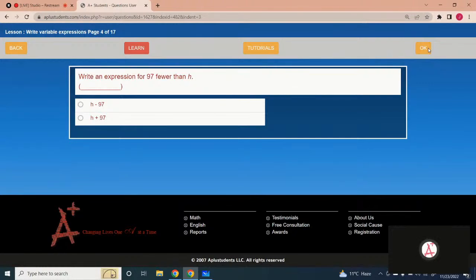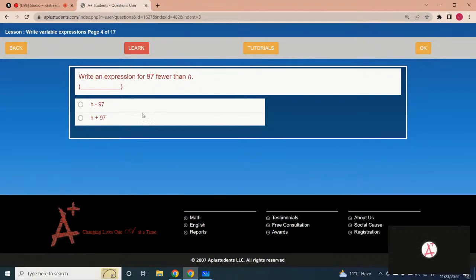Okay, write an expression for 97 fewer than h. So it would be h minus 97.